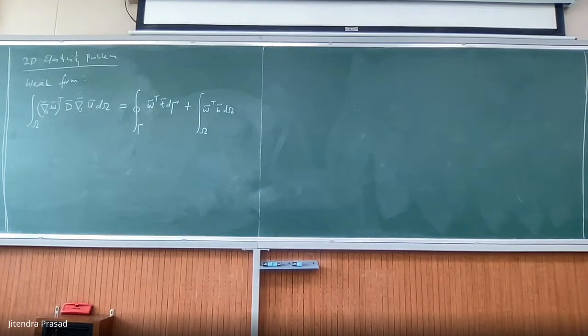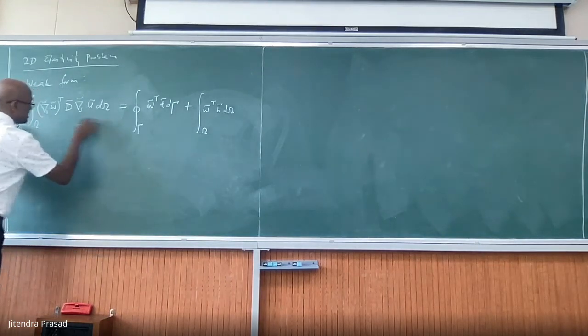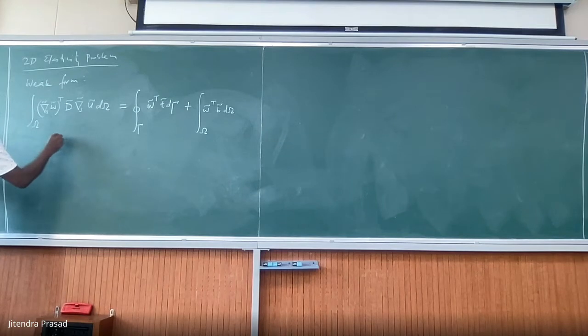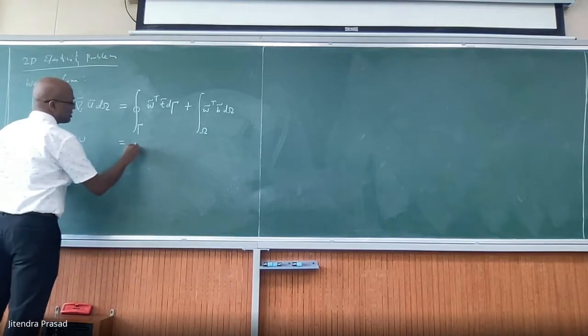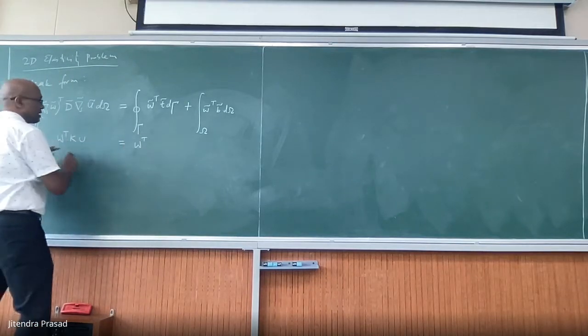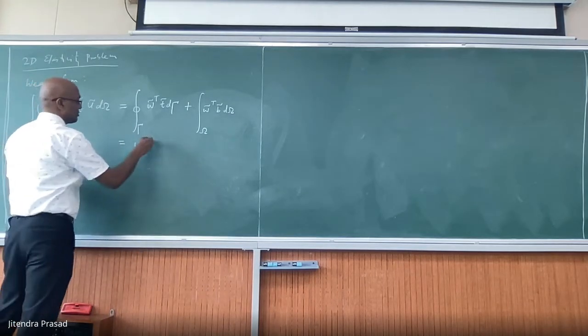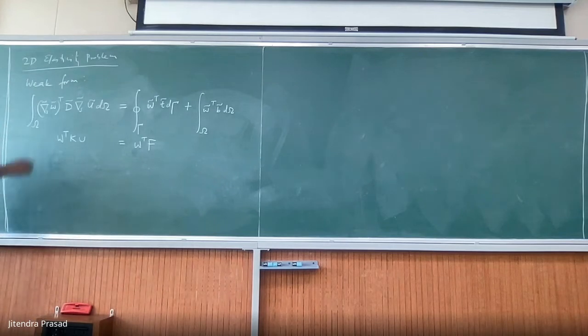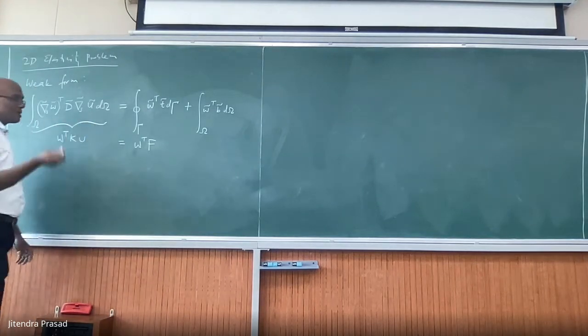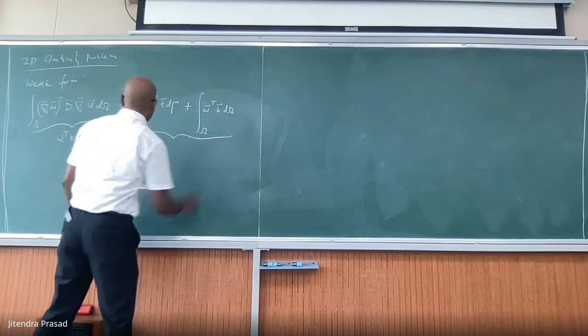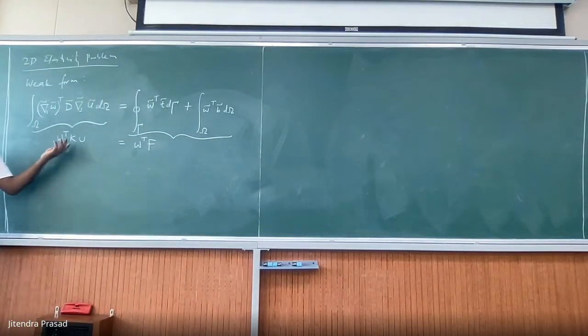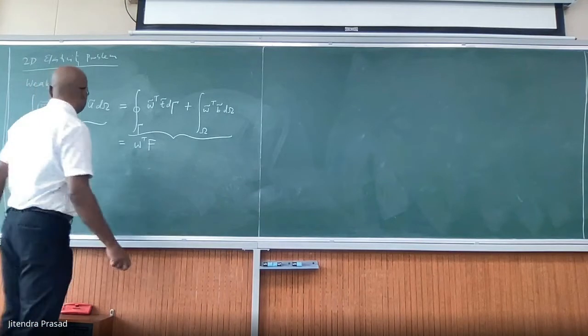So basically what we get from here is W transpose K u is equal to W transpose F. As we have been doing always, the idea is to convert the whole thing into W transpose K times U equal to that.